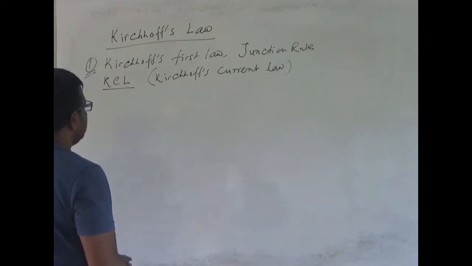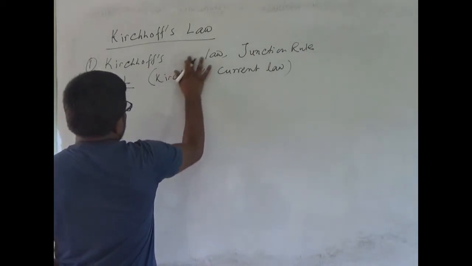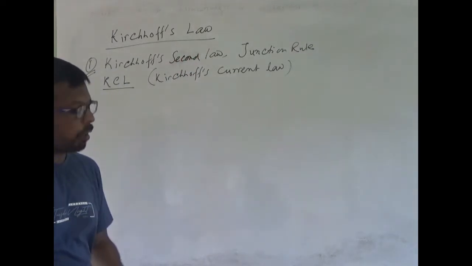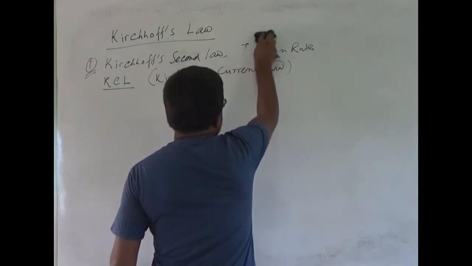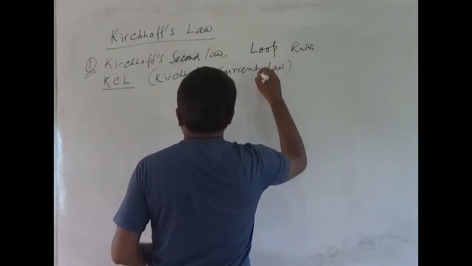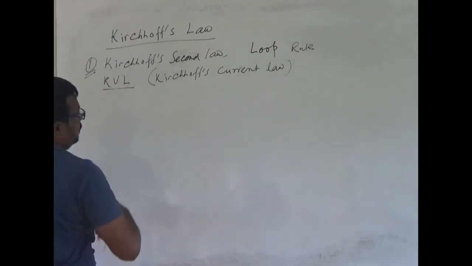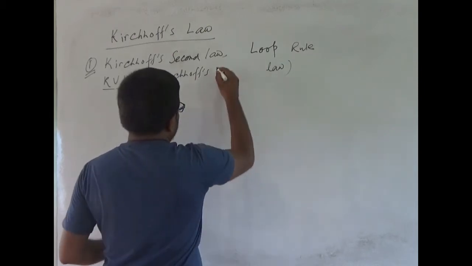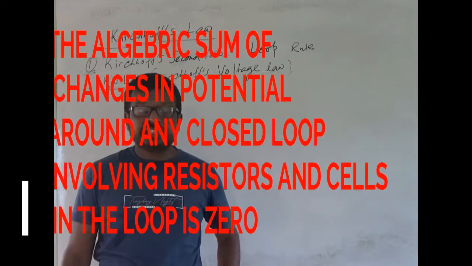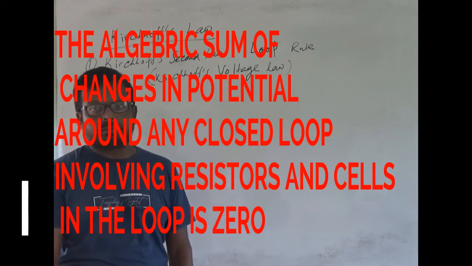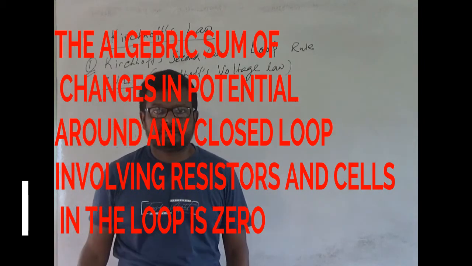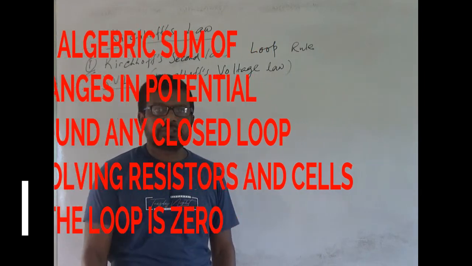Now, proceed to Kirchhoff's second law, which is also called the loop rule. This is called loop rule, and also it is called KVL, that means Kirchhoff's voltage law. Kirchhoff's second law states that the algebraic sum of changes in potential around any closed loop involving resistors and cells in the loop must be 0.